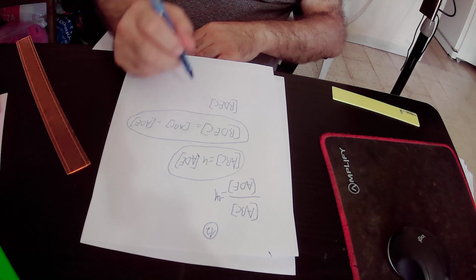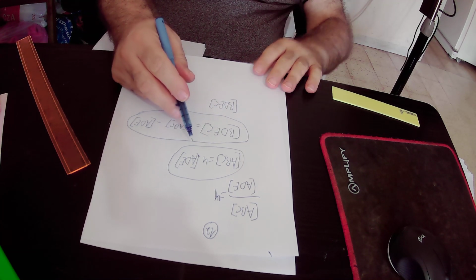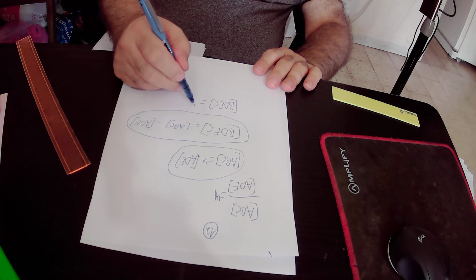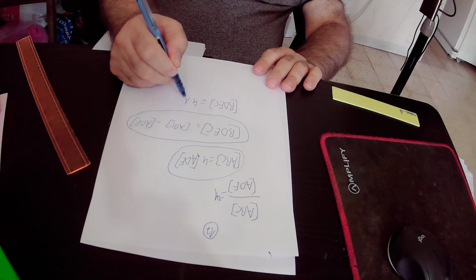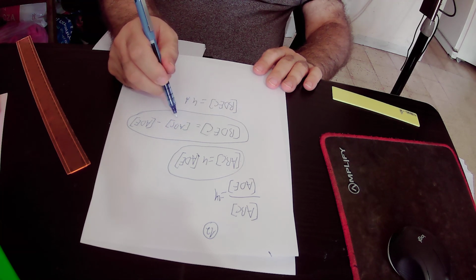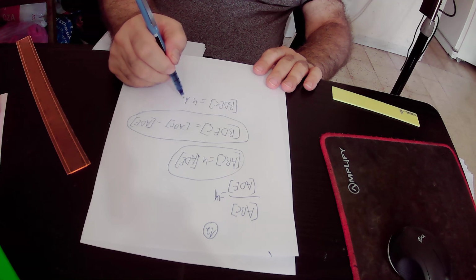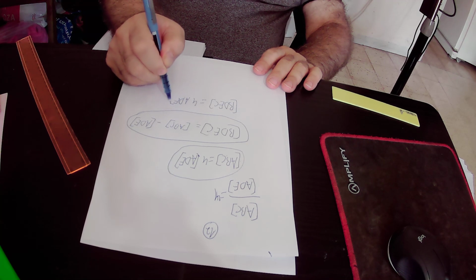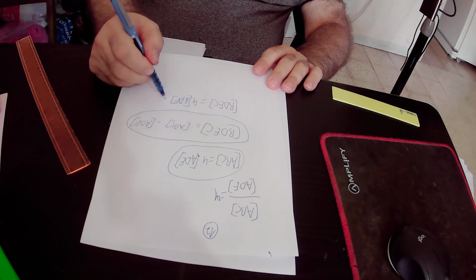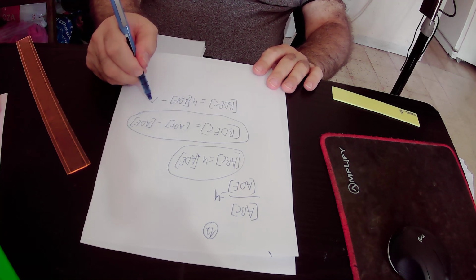So the area of quadrilateral BDEC equals the area of triangle ABC, and we know that the area of triangle ABC equals 4 times the area of the small triangle, triangle ADE. So we'll substitute the area of triangle ABC by 4 times the area of triangle ADE, minus 1 time the area of triangle ADE.